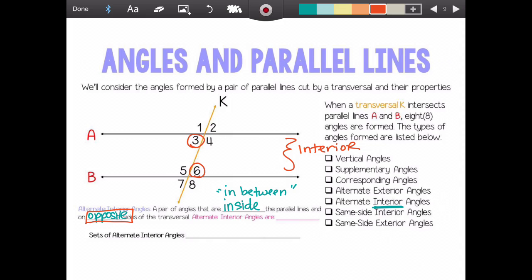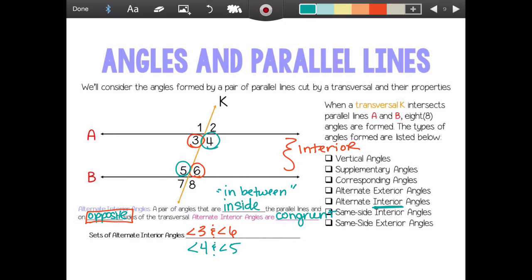Okay, so here we have angle 3 and angle 6, and then we have angle 4 and angle 5. And like I said earlier, these are congruent, meaning again their measures are equal.